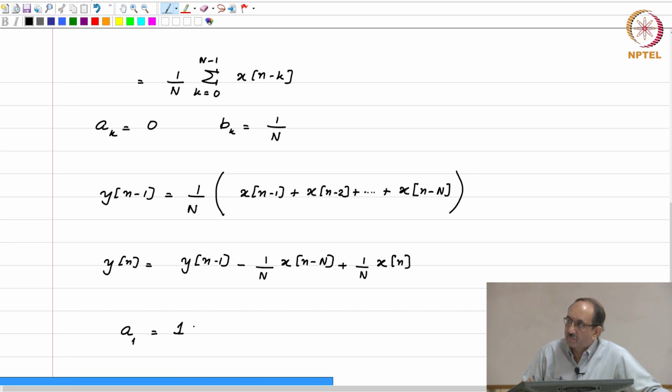A1 is 1, right? So, this is minus 1. Was that the question? Yeah, because in the form we have minus. So, A1 is really minus 1.